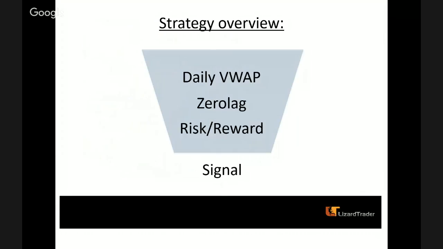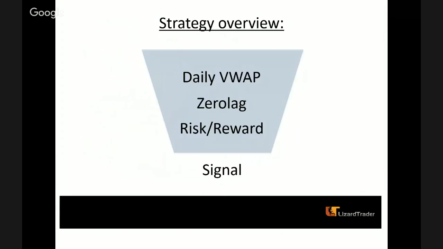And then we use the zero lag oscillator to find these retracements and to identify the intermediate trend, and then we confirm that with the major trend as defined by these rolling pivots and the rolling VWAPs.